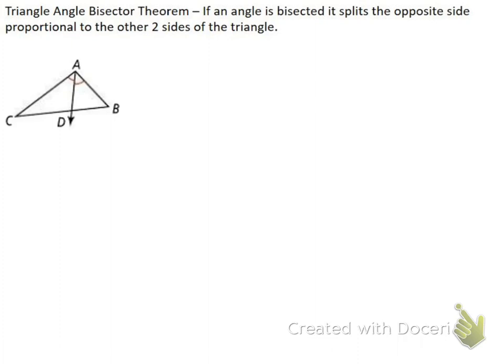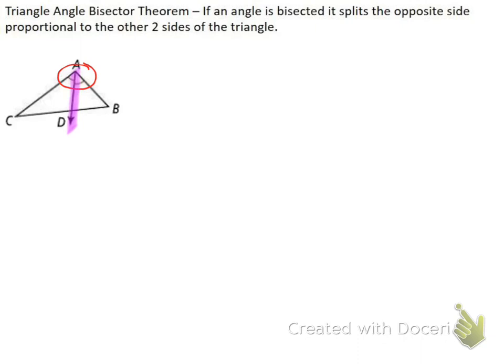And then the last two, just the angle bisector theorem. Whenever I see a triangle where one of the angles is being bisected, this angle bisector, so AD in this case, is going to cut the sides proportionally. So these triangles are going to be similar to each other.